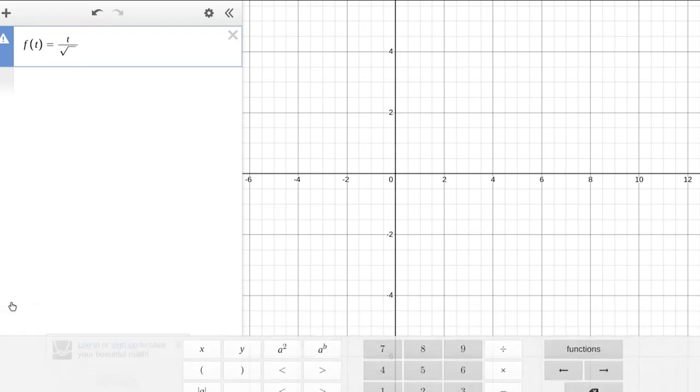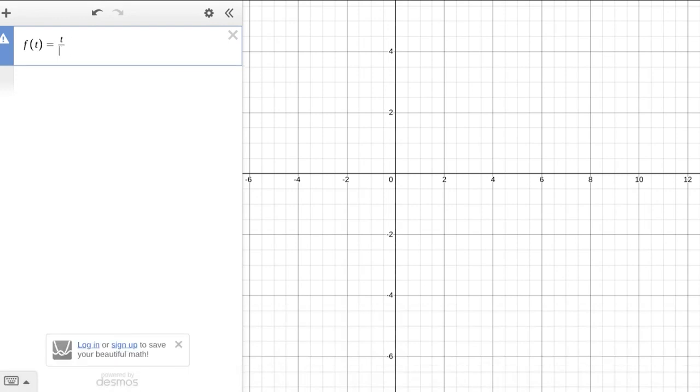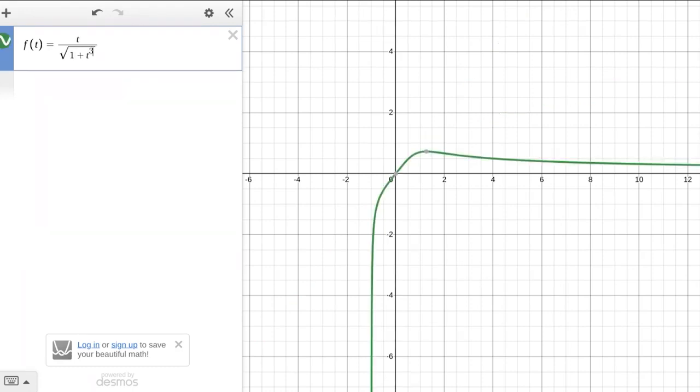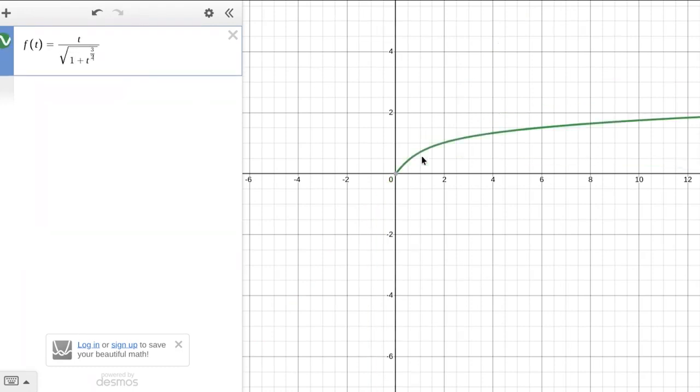You can click it here, but I like using the shortcuts. sqrt, bring that square root right up. So the square root of 1 plus t to the power of 3/2. So here's the graph of that function. And what we want is the 32 ounces that we start with minus the net change. So minus the integral from 0 to 5 of f of t.